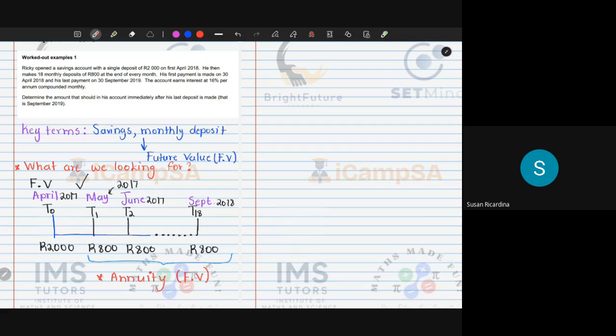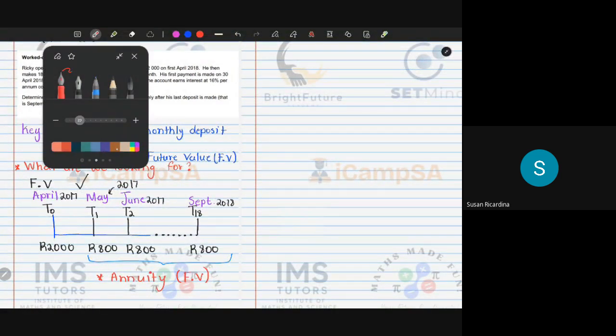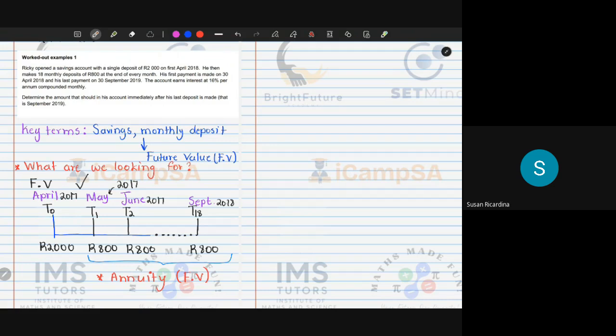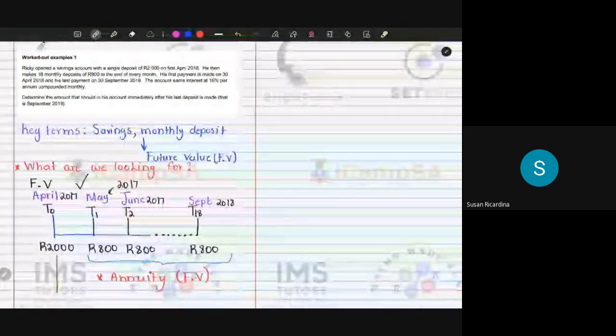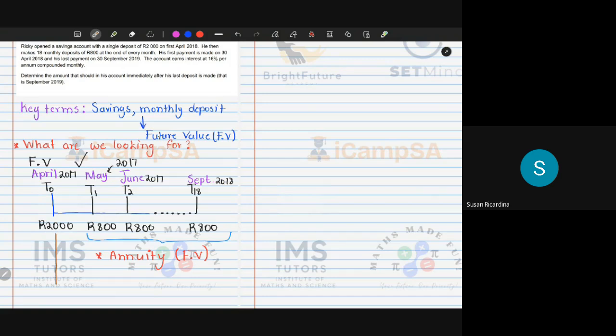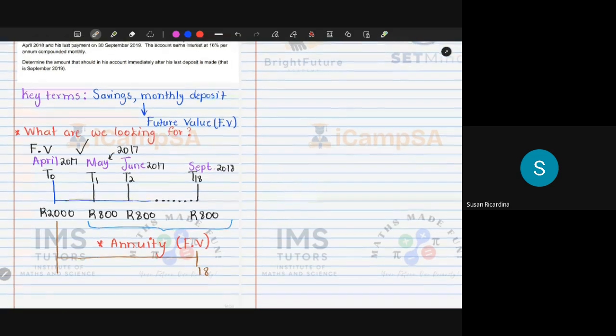Right. But for the other amount, I like maths. It makes so much sense when you give it time. For the other amount, if you look carefully, where he put in that 2,000, that 2,000 is not going to be an annuity. That 2,000 is just going to sit as a once-off investment up until month number 18. Do you guys agree?